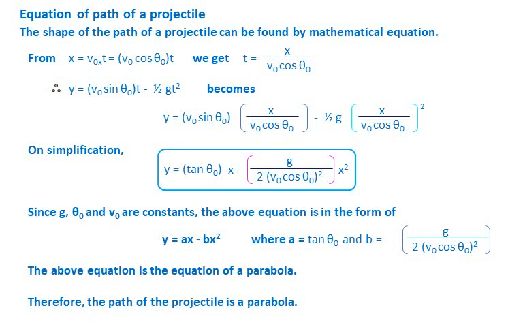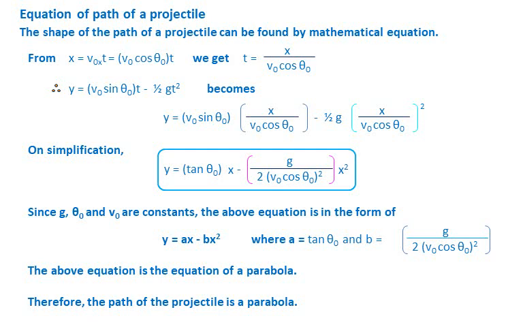Now let's derive the equation of the path of the projectile. As you have seen in the diagram, the path followed is parabolic, so let's derive its mathematical equation. From x equals v0x t, by putting the value of v0x, you get v0 cos theta naught into t, and we get t equal to x upon v0 cos theta naught.